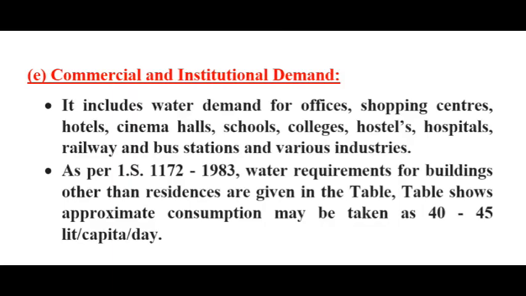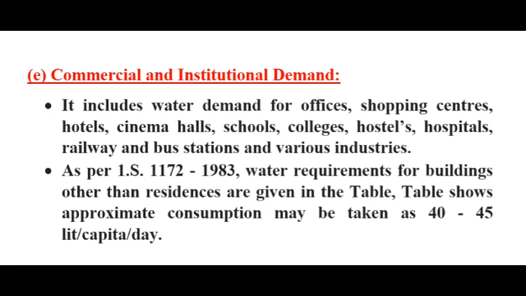Our next heading is commercial and institutional demand. It includes water demand for offices, shopping centers, hotels, cinema halls, schools, colleges, hostels, hospitals, railway and bus stations, and various industries.